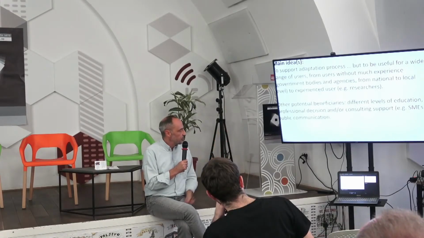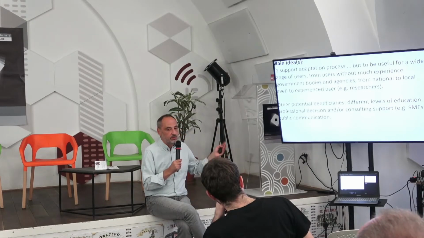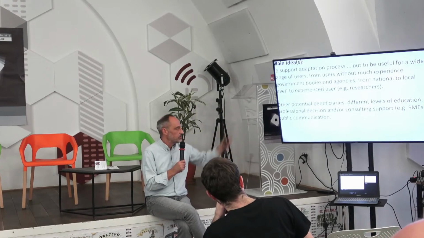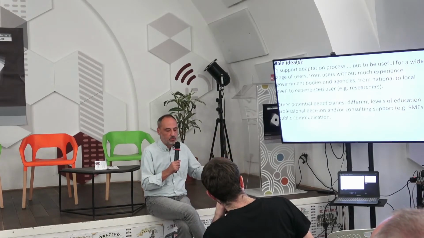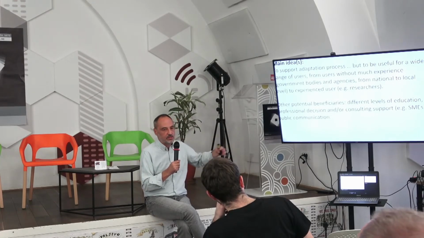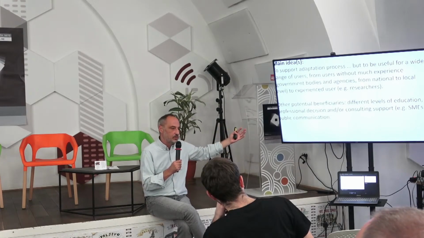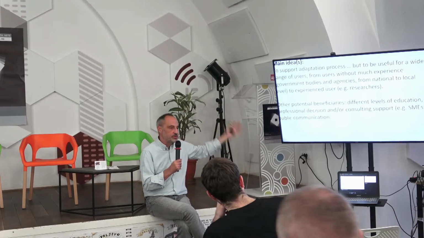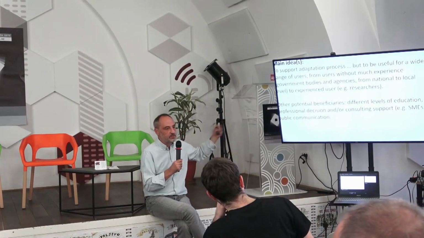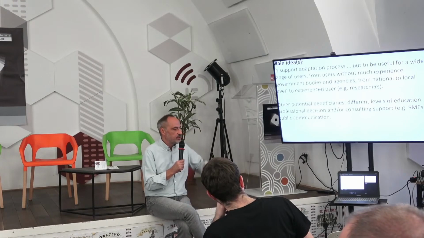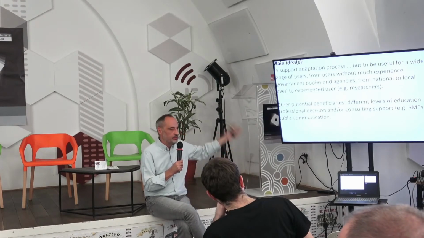Then for professional decision makers or companies that can consult somebody on what to do in the future. So you can create, let's say, a small engineering company which can advise agricultural producers on how the climate is going to change in the future and how they can change their practices in terms of the agricultural calendar during the year, etc.